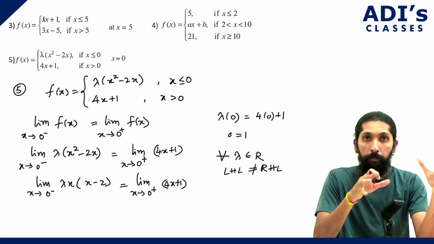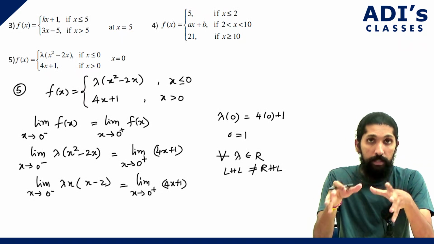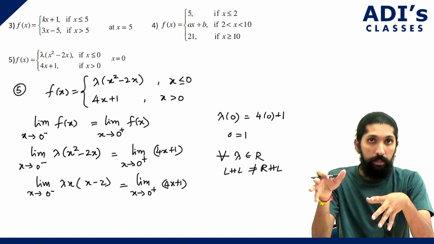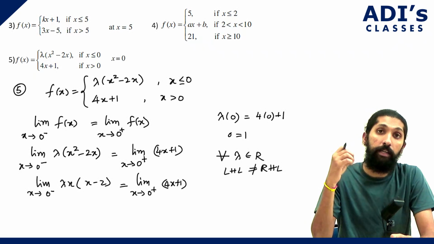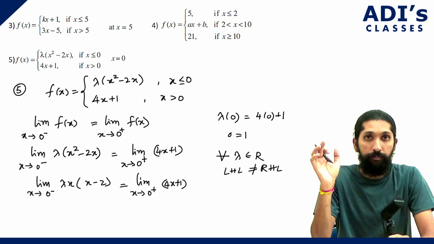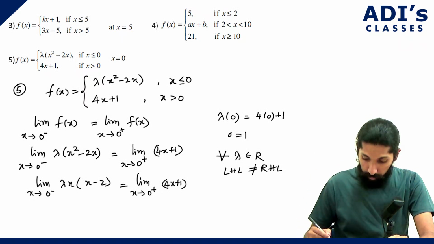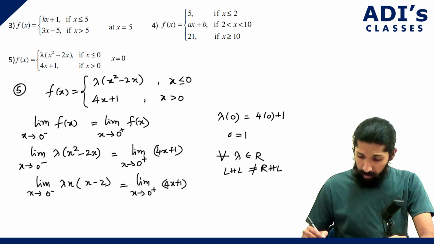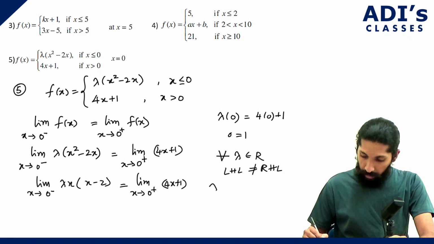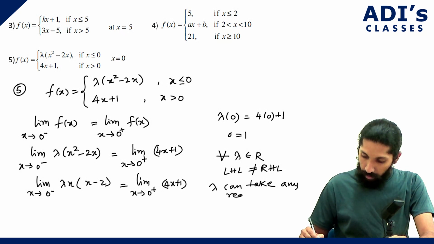So for all lambda belonging to R, since LHL is not equal to RHL, lambda can take any real value. Understood? Any real number.